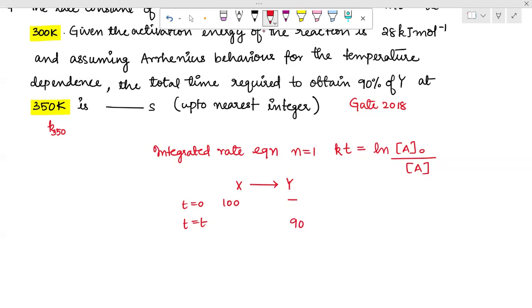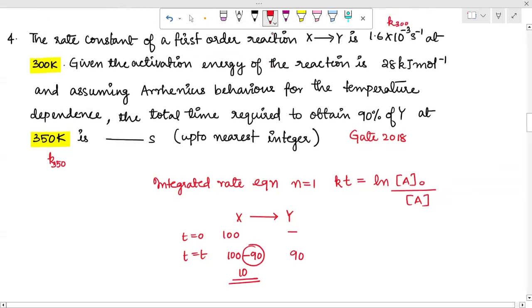So how much of X will be remaining? Of course, 10. How 10? Because 100 minus 90, out of which this 90 is what is appearing as Y, and this 100 minus 90 is 10. So the amount of the reactant left is 10 if the initial concentration is 100. Correct. Okay, I hope this is clear.